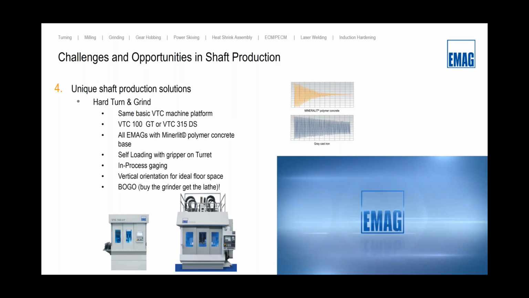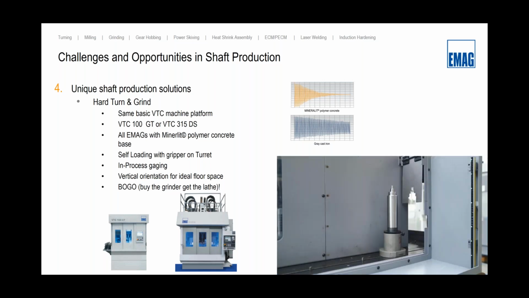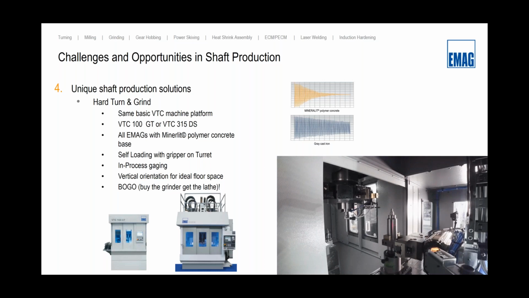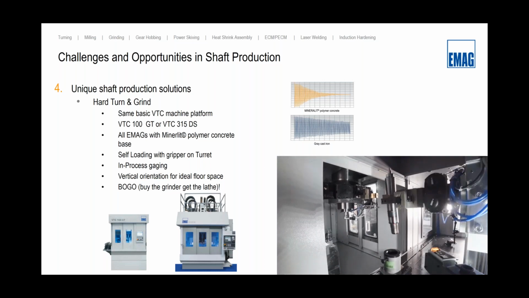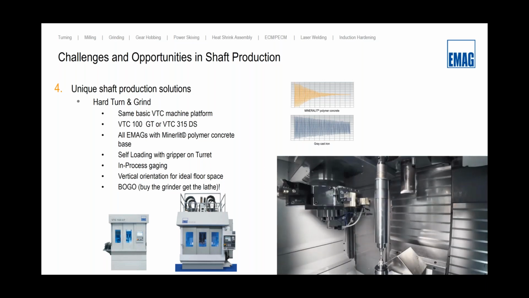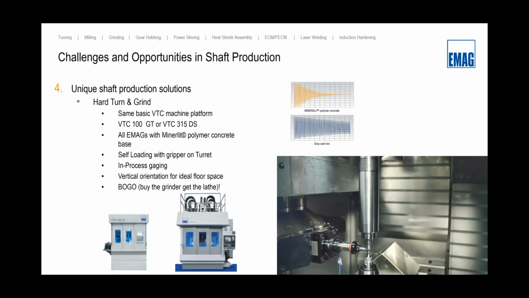I speak about turning and grinding. One of the things I didn't mention about the Emag machines yet is the fact that we have a cast granite machine bed. There are a lot of grinding companies that have cast granite machine beds, but very few do on the turning side. Well, Emag is very unique that all of our machines are with a cast granite machine bed, even our turning machines. So the benefit is that we can have our basic turning machine turned into a grinding machine very easily.